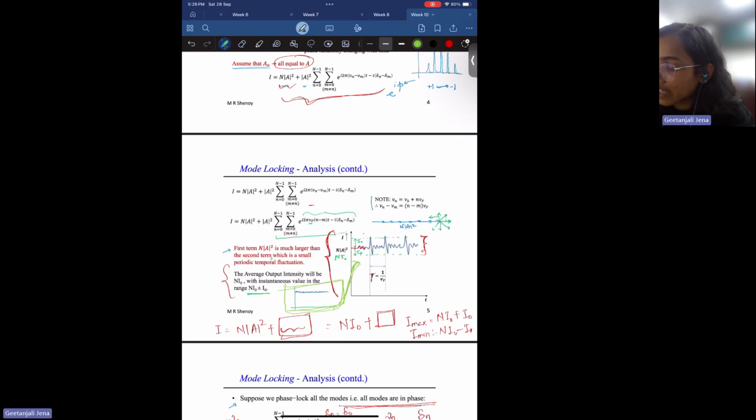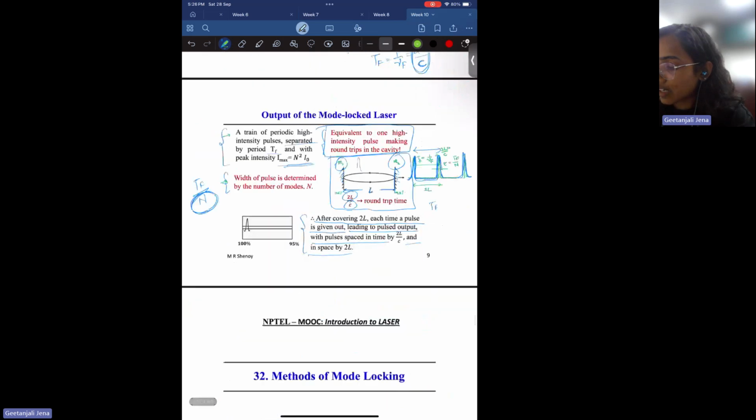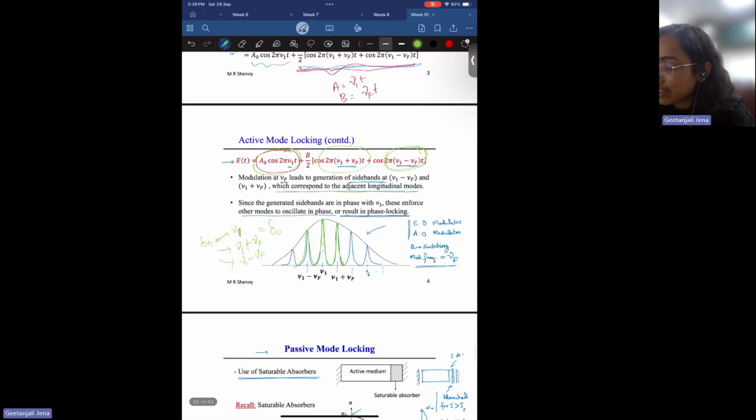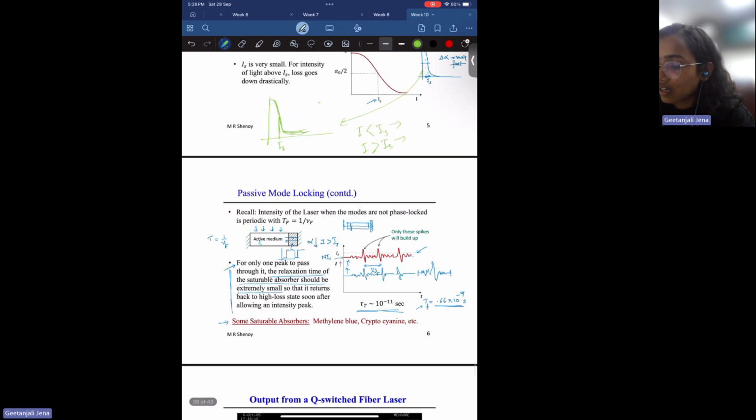The intensity varies in this manner. And the maximum is N I0 plus I0 and the minimum is N I0 minus I0. Now let us see what will happen when we have a saturable absorber in this not phase locked system.